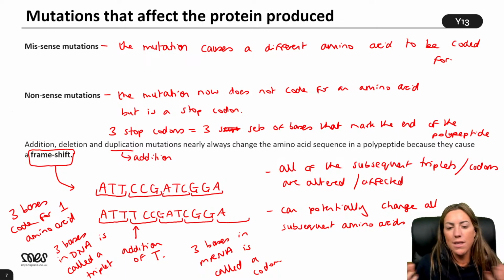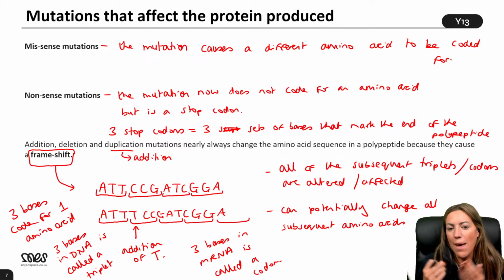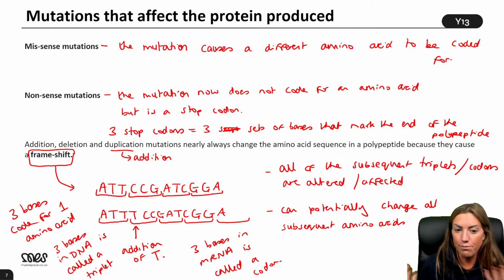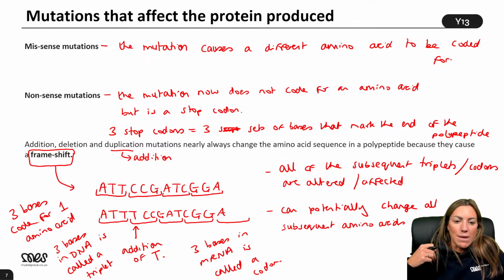You can call them triplets, you can call them codons, but strictly speaking, when we're looking at DNA, 3 bases is called a triplet. And then when we make the mRNA during transcription, the 3 bases gets called a codon. But you can usually just use either, right? But strictly speaking, it's a triplet on DNA and a codon on mRNA.